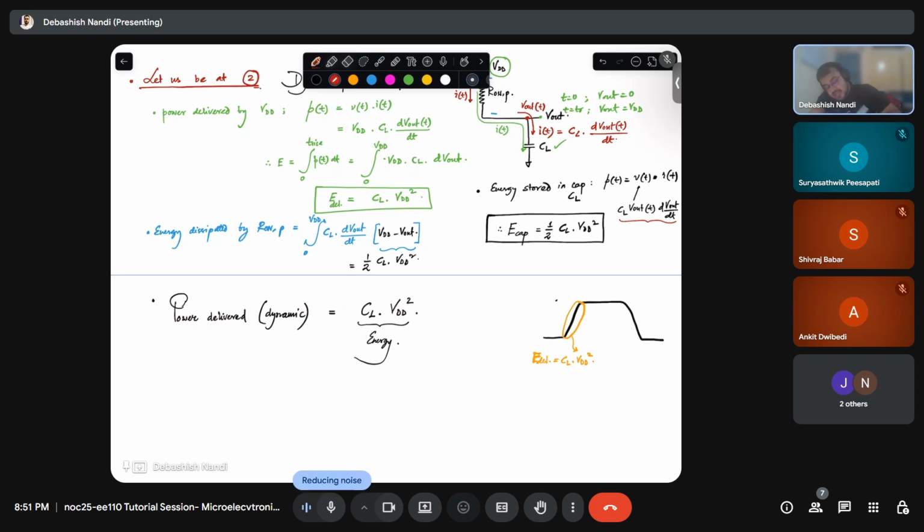E delivered by the battery. And what about this case? How much energy is being delivered by the battery when the output is going from high to low? Did you get the question? When your output is transitioning from high to low, how much energy does your battery supply?